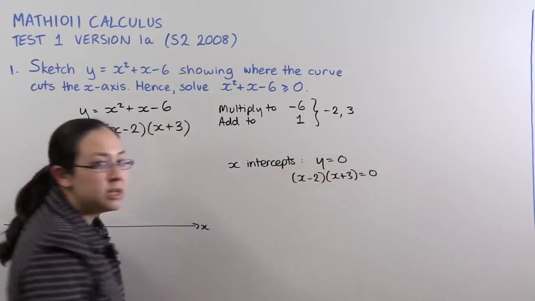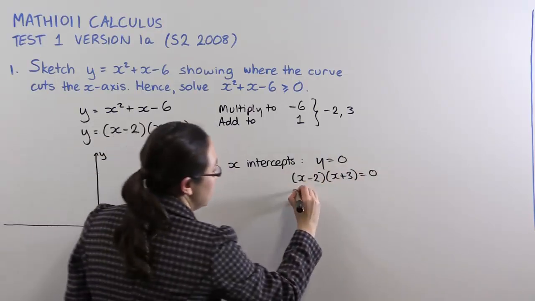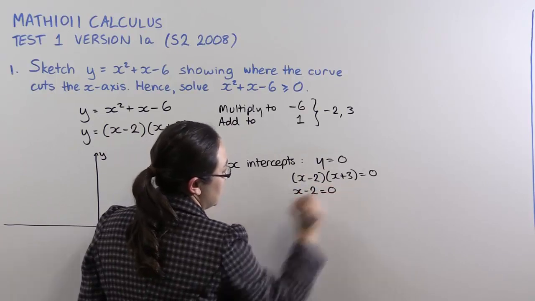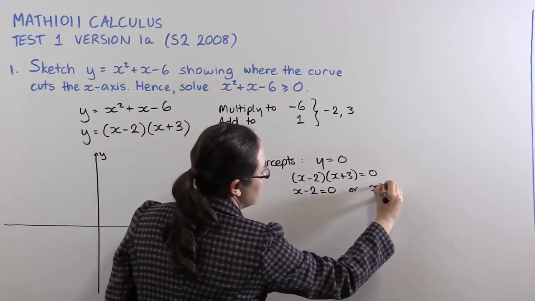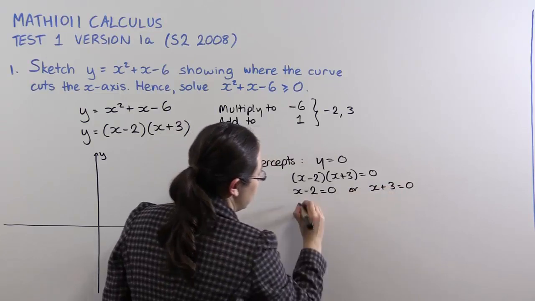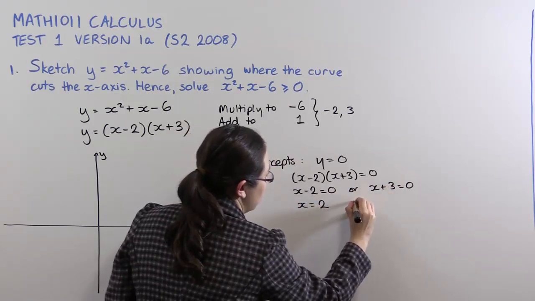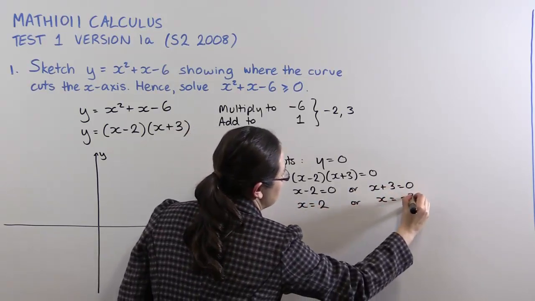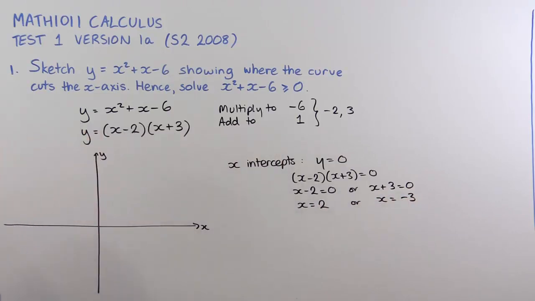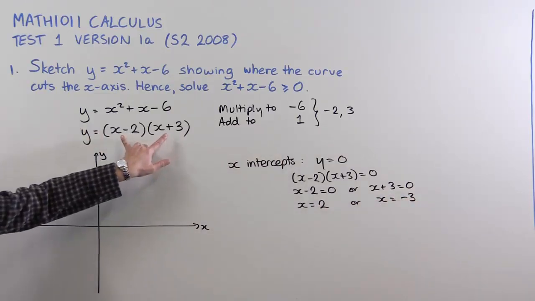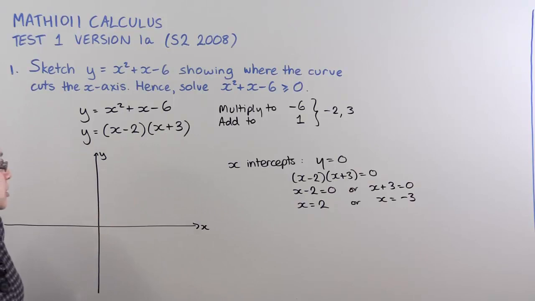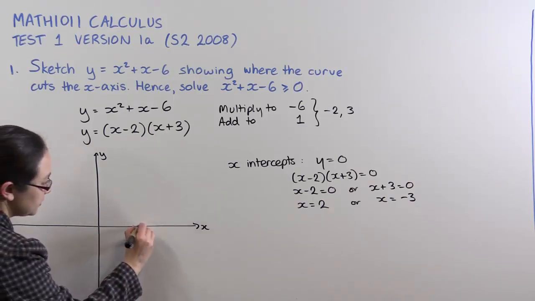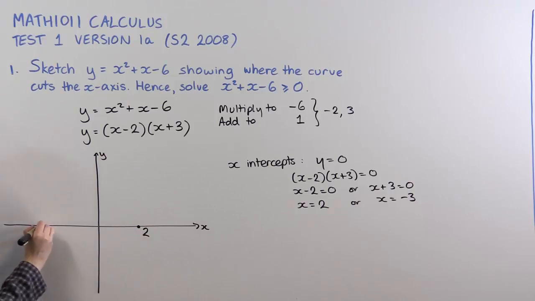So if two things multiply to give 0, then either the x minus 2 is 0 or the x plus 3 is 0, which means x is 2 or x is minus 3. Once you practice these lots, you can read them off here and you don't need to do so much working. They're going to be our x-intercepts at 2 and at minus 3.